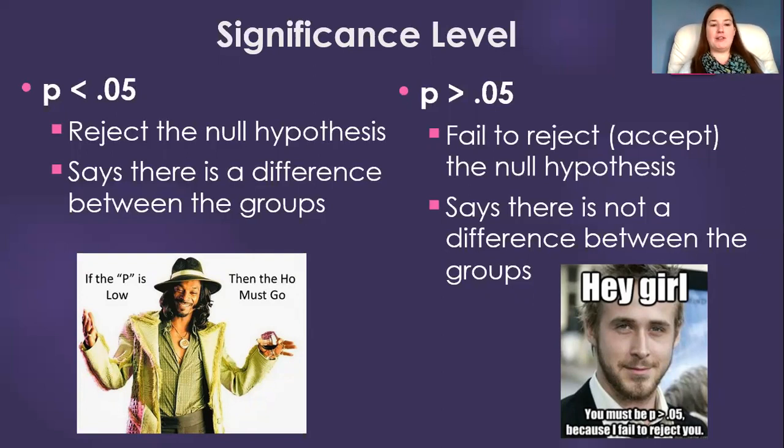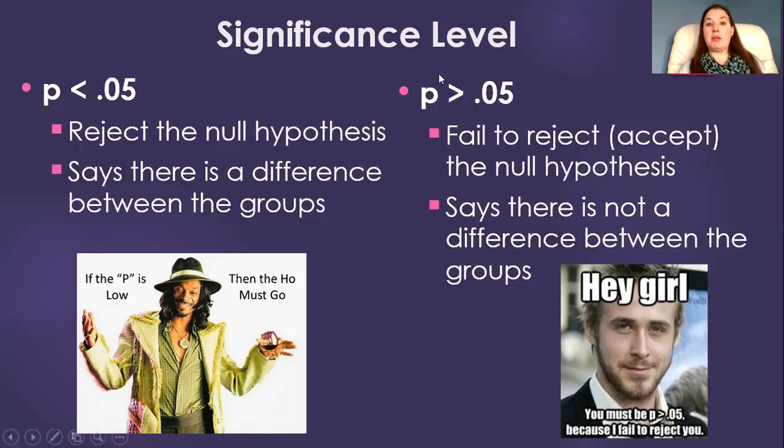And yet, here's a great one with Snoop, that if the P is low, then the H0, the null hypothesis, must go. So if that helps you, remember that when the p-value is less than 0.05, that means we reject the null hypothesis, and if we're rejecting the null hypothesis, that means we believe that the alternative hypothesis has some truth to it and that there is a difference between groups.